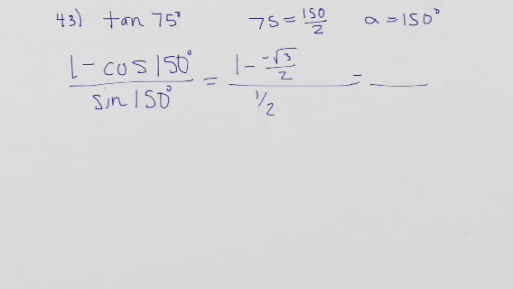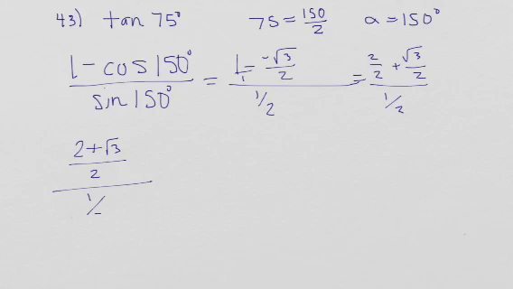First thing I would do in this one is clean up that numerator into one term by finding a common denominator. Remember that 1 is just 1 over 1. So the common denominator would then be a 2. So I could easily turn a 1 over 1 into a 2 over 2. That way I get common denominators, and if I add those numerators, I'll get 2 plus square root 3, common denominator 2, and then all over 1/2.